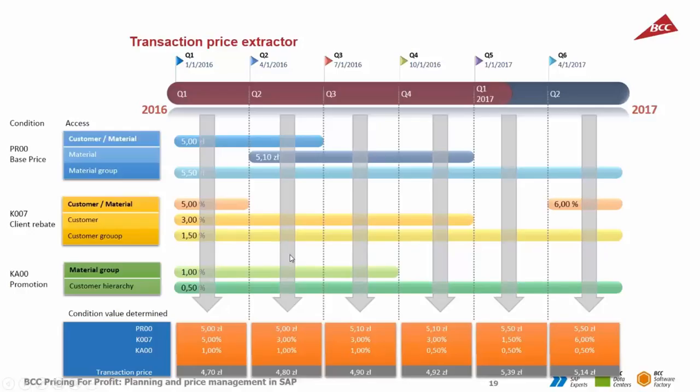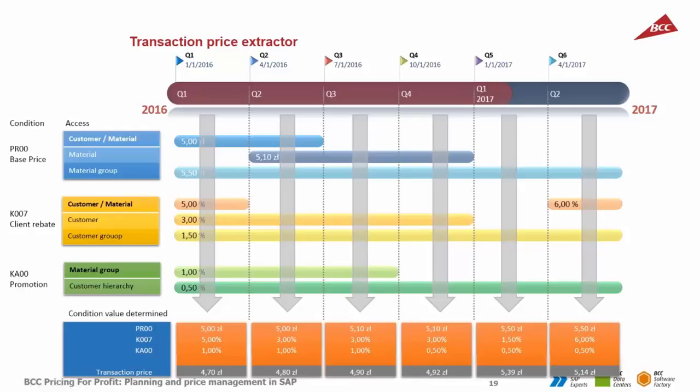And in this period also the validity of the price of 5 zloty 10 groszy starts, but it has no meaning because the first price of 5 zlotys is still valid in the key at a higher level. The transaction price increased by 10 groszy to 4 zloty and 80 groszy due to the lower value of the discount for the condition K007.